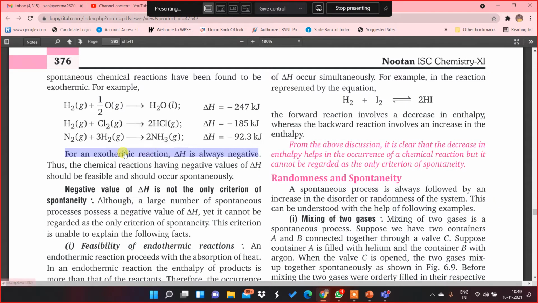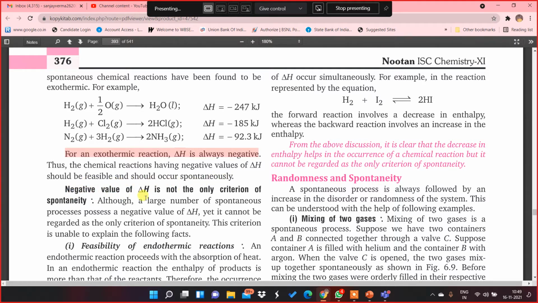For an exothermic change, the change in enthalpy is always negative. That means delta H is equal to H2 minus H1, or HP minus HR, and it is a negative value. Thus, chemical reactions having negative values of delta H should be feasible. Feasible means possible, and it should occur spontaneously.